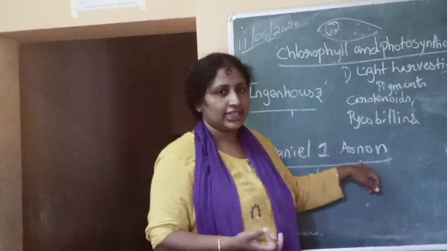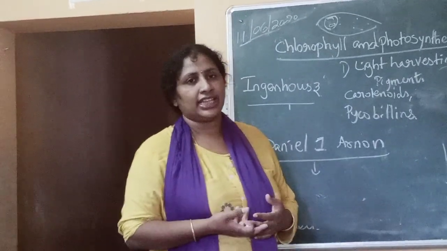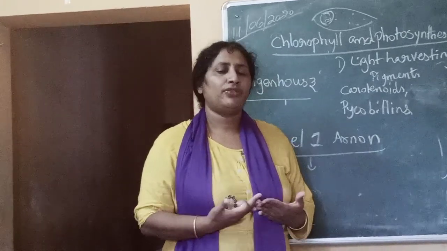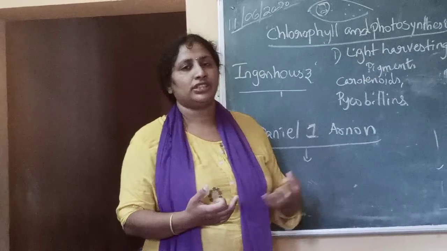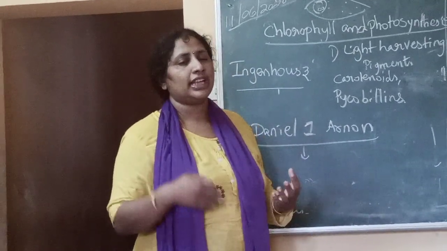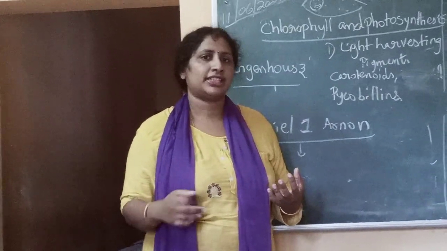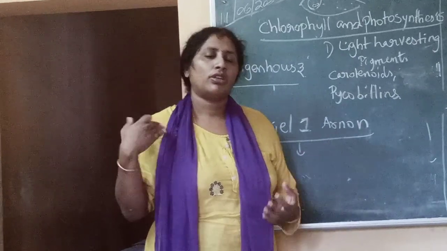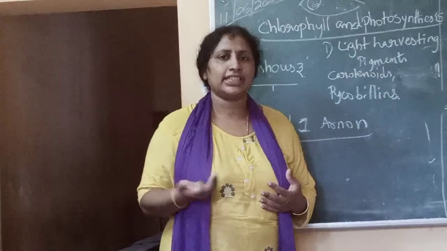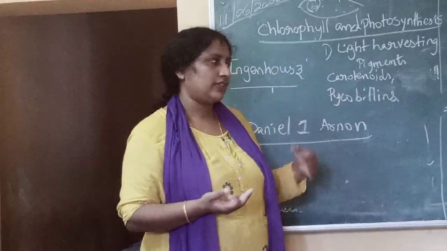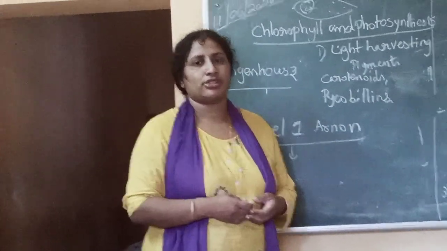Daniel I. Arnon developed a special technique in which he carefully broke the plant cell and removed the chloroplast without any damage. So scientists further studied the structure of chloroplast and were able to know the photosynthesis process in detail. Afterwards, we will study the structure of chloroplast also. Thank you.